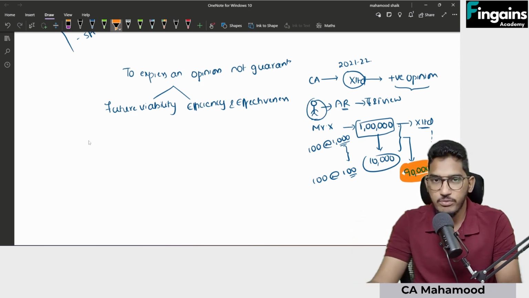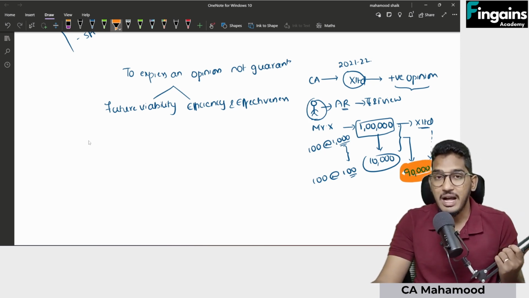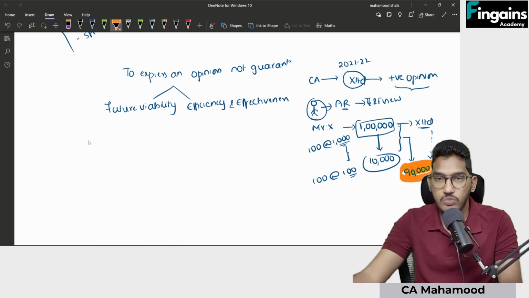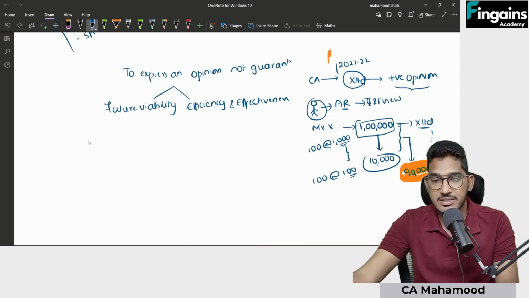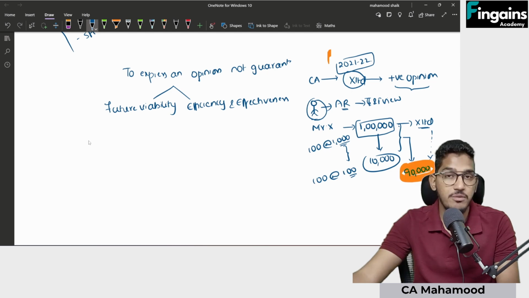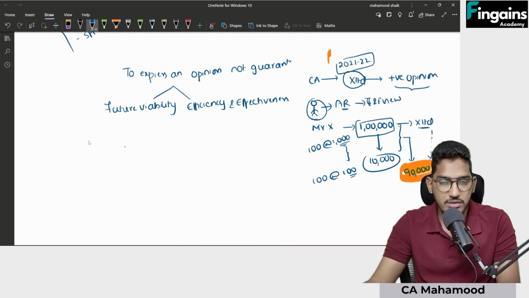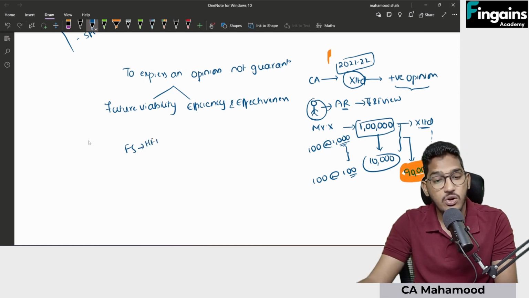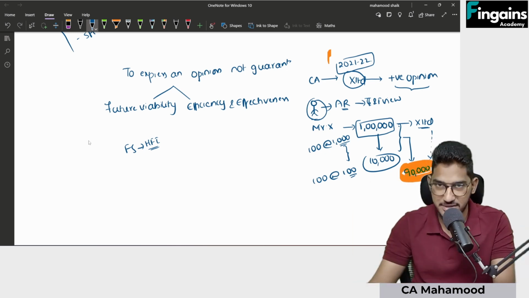So the point which I'm making here is, the opinion which I have given is on what? Financial statements. When I say financial statements, that is historical financial information. So being an auditor, I am verifying financial statements which are actually historical financial information, the information which has already happened in the past.